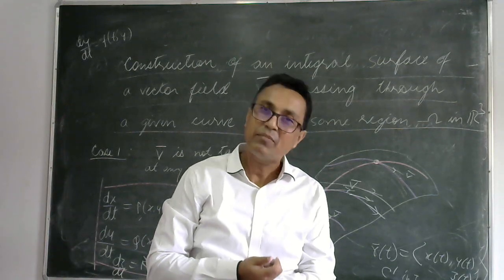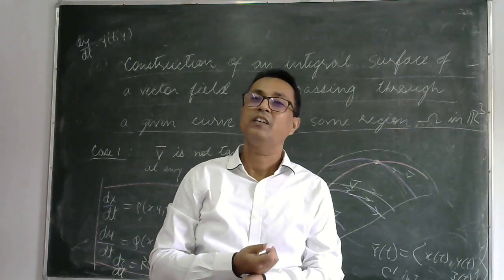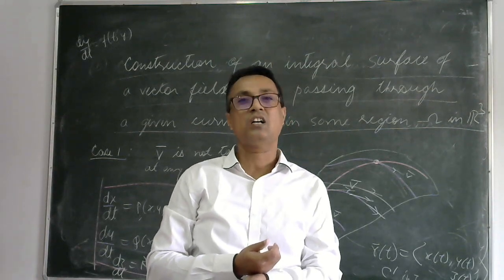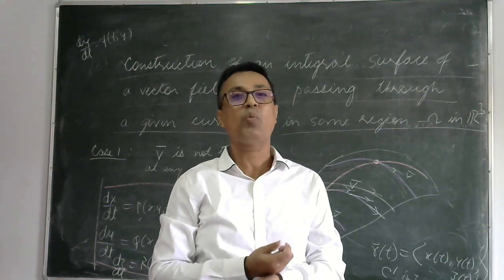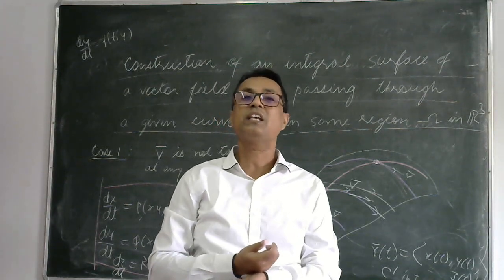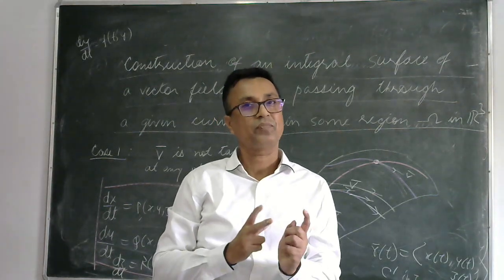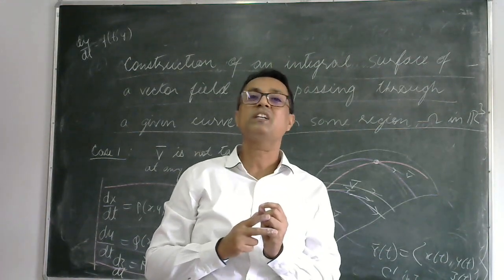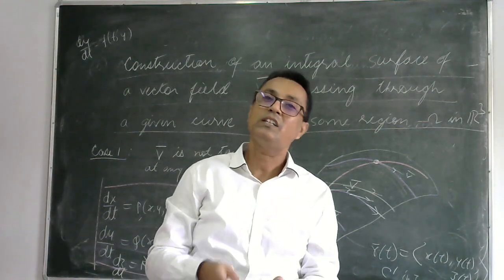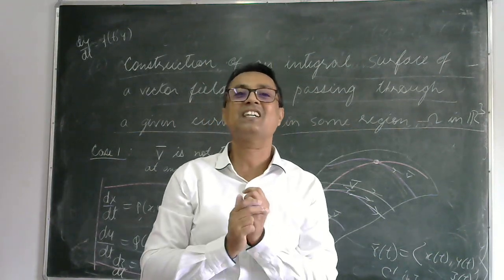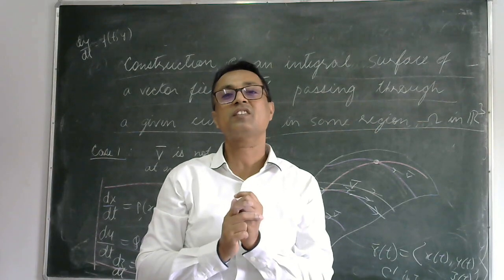If you take the union of all these integral curves passing through each point of the curve C, it is going to give me an integral surface. Why am I emphasizing on V being tangent at each point? Because I know that it is going to give me a surface, but what is the guarantee that that surface is an integral surface?